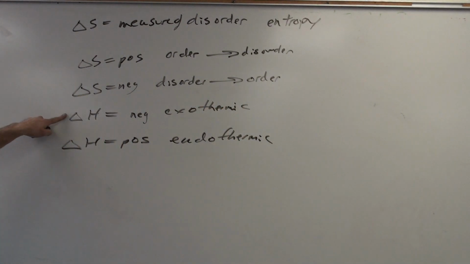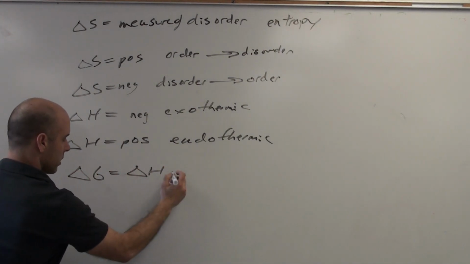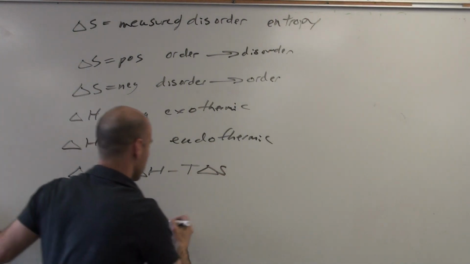So you want to be getting heat out. You don't want to have to put heat into it. So what happens if your delta S is negative, but your delta H is also negative? Who wins out? That's where you have the Gibbs free energy equation, which relates the two together.